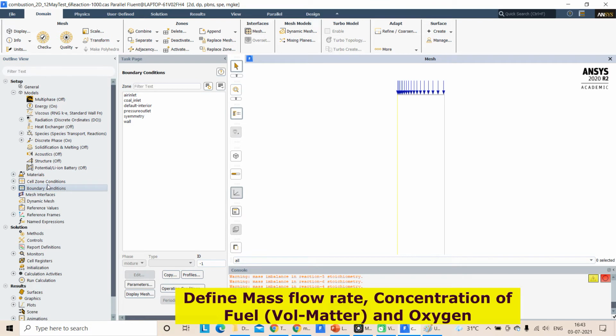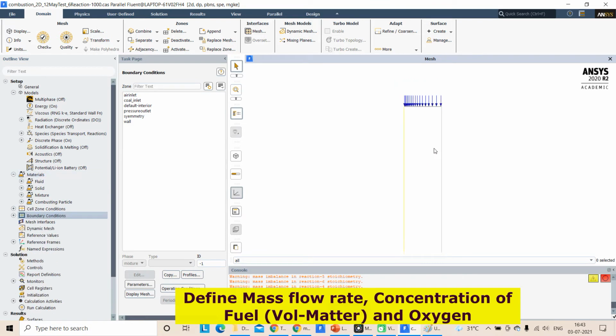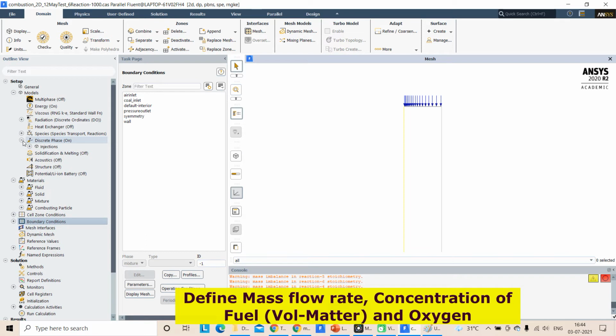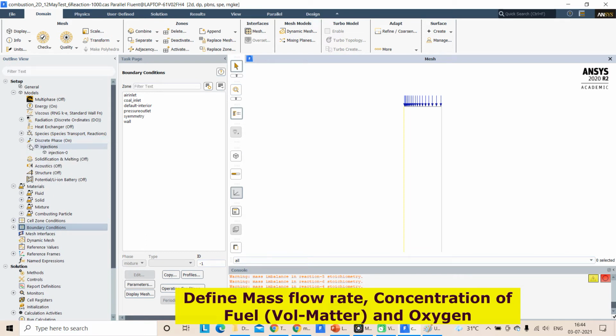Then go to the next page. Here I am supplying fuel as particles. There are particles and also gas, so it becomes a multiphase flow problem. For that, you have to use the discrete phase model. In the discrete phase model, select the injection panel.